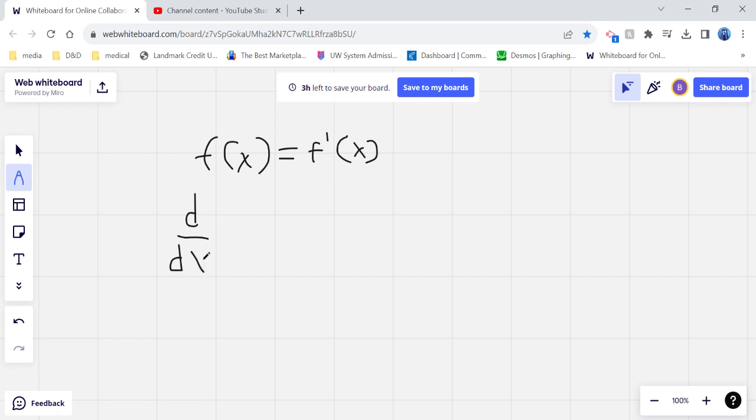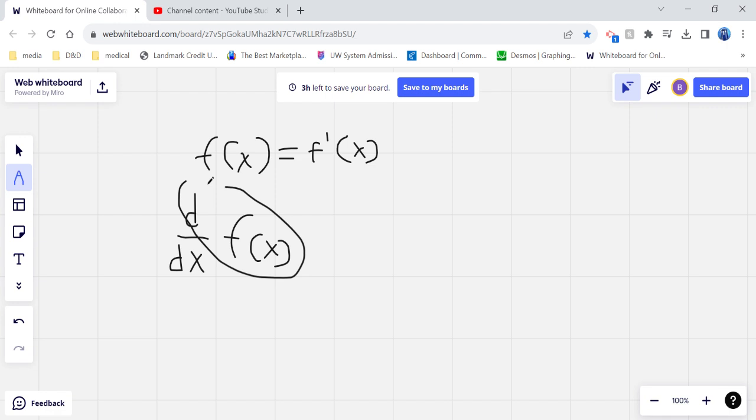This basically means find the derivative of whatever function is here. So we often see d dx of some function, or they won't always have it as f of x. They'll just have the function itself there. But this just means find the derivative.